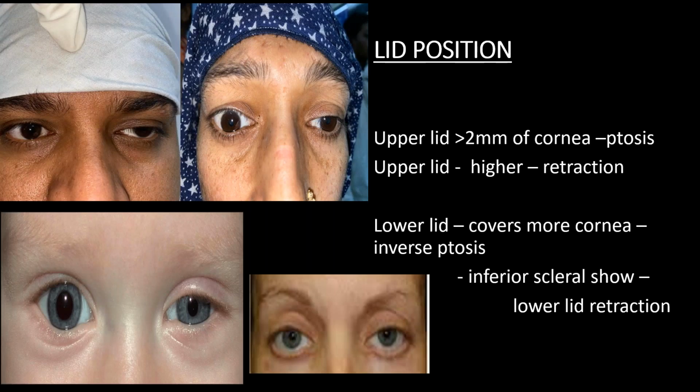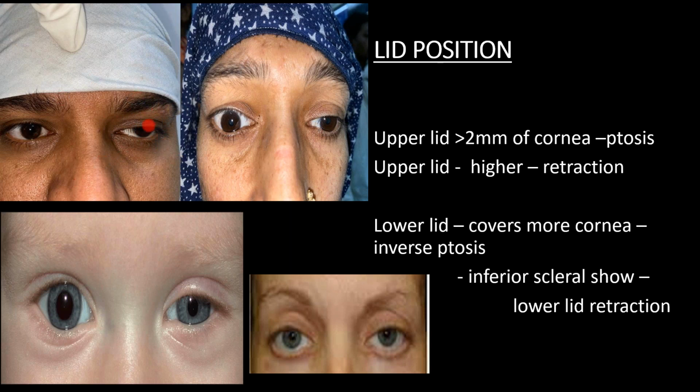Okay. Then coming on to lid position, as I already said, the upper lid has to cover 2 mm of cornea, and the lower lid has to just approximate the limbus. Now, what happens when the upper eyelid droops, if you can see in this image, the first one over here, when the upper lid is covering more of the cornea than the normal 2 mm, that is called ptosis.